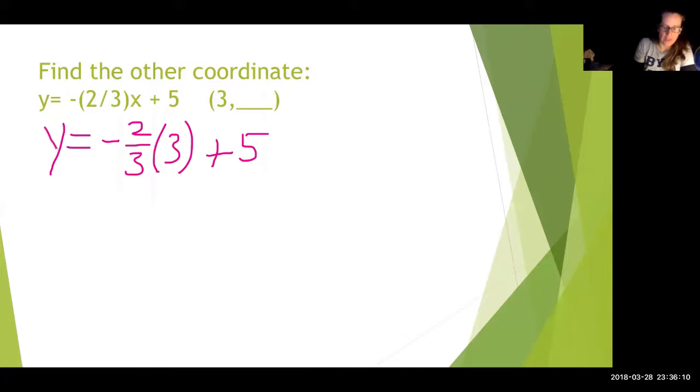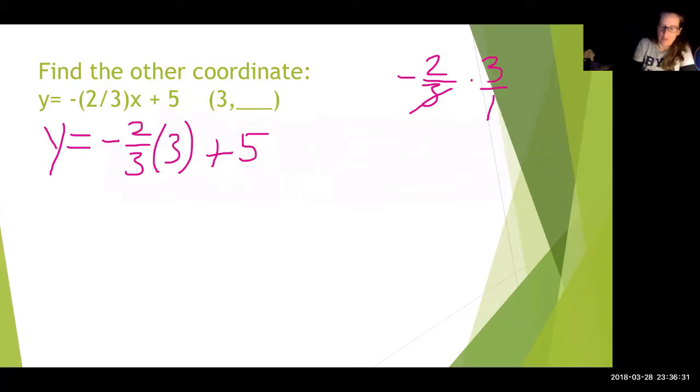We don't really need to move anything to the other side of the equation because we have y all by itself and we just have a bunch of numbers. So now we just have to remember our order of operations. We're going to multiply first, and then we're going to add. So negative 2/3 times 3. We're going to go off to the side and do that. Negative 2/3 times 3 over 1.